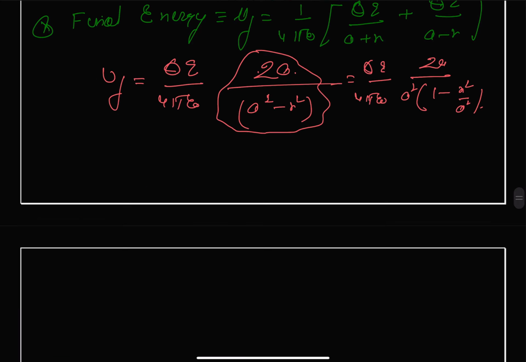This can be further written as Q multiplied by Q upon 4 pi epsilon naught, and this comes as 2a by a square, and this is 1 minus x square by a square raised to power minus 1. So we can just approximate it, especially this term.